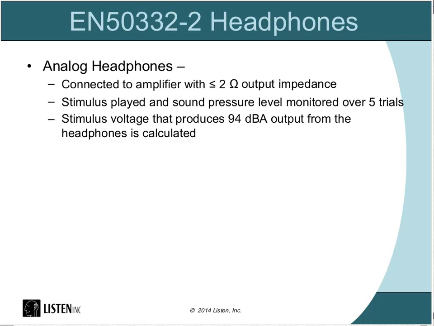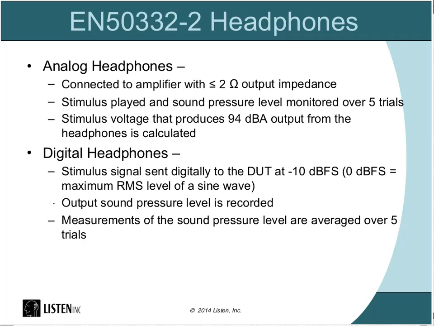And here, what we're going to calculate is what stimulus voltage is required to produce 94 dBA at the ear simulators. So we'll be doing the measurement with a known voltage output, check what the sound pressure level is, and then use that to calculate what voltage would be required to produce 94. So that's really what the Dash 2 headphone standard is all about, is listing what that voltage is for the left and the right ears.